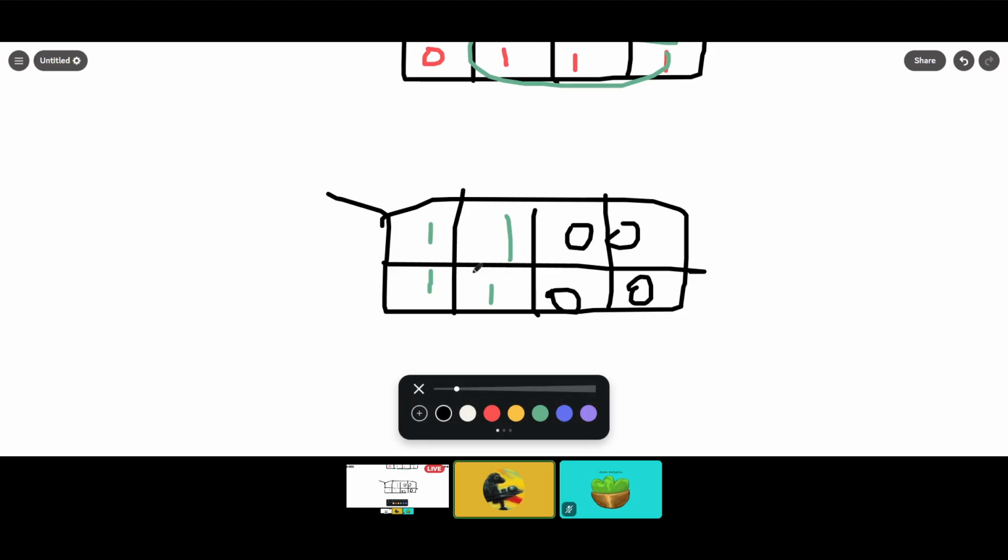For example, we have this kmap here with this group of ones, and there are a few ways we can group them. We can group all four together, we can separate them into twos, or we can just group them individually.